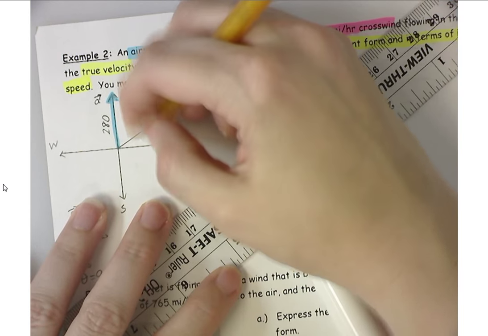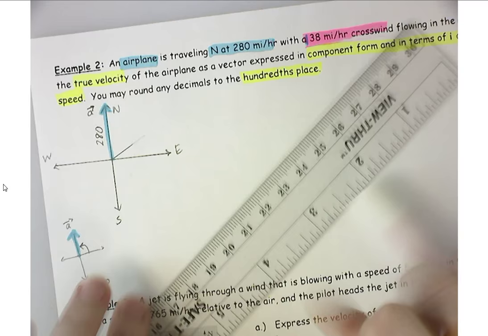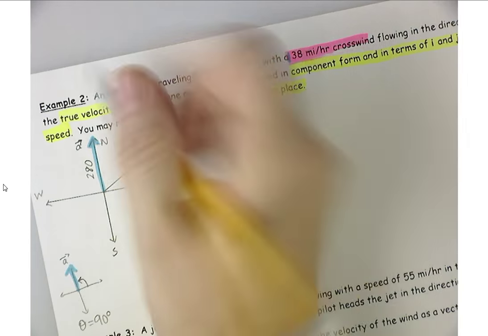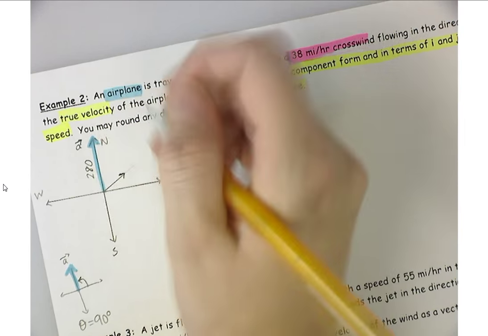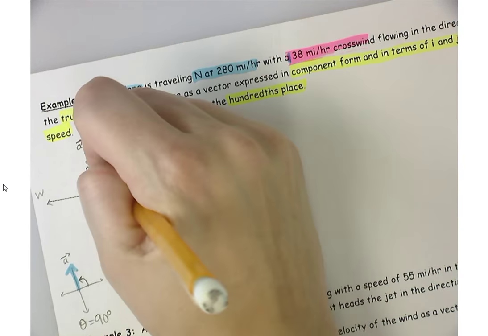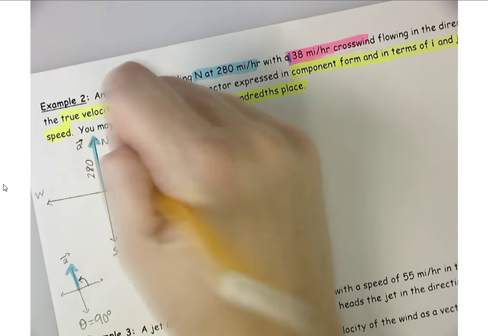Okay, and remember we don't want to make that one as long as the other one because of the difference in the magnitude. Okay, so that is 38. That is the wind.